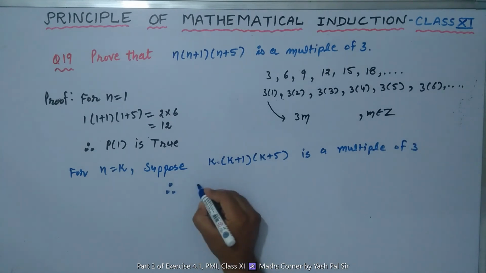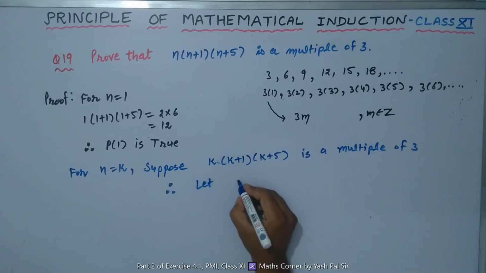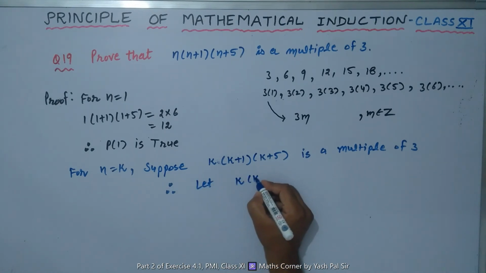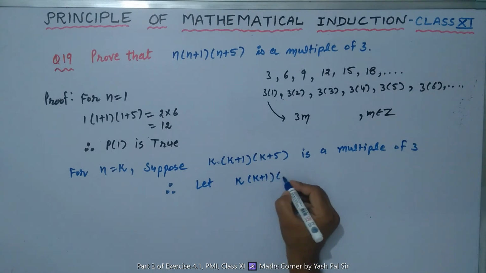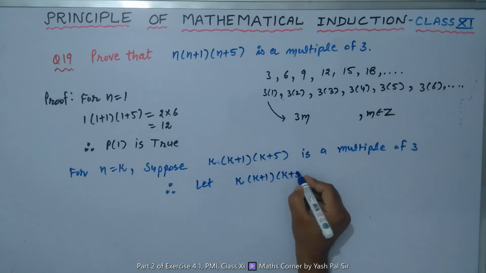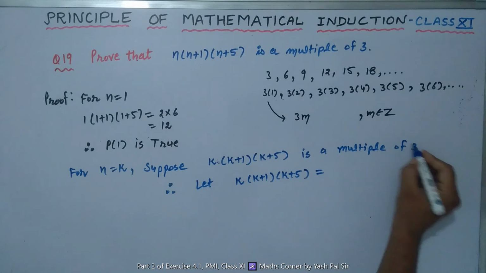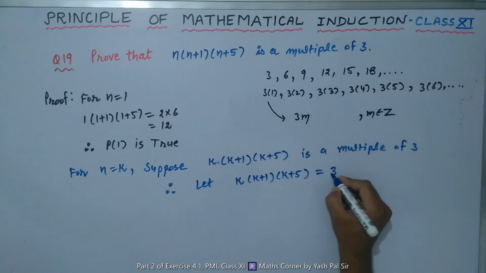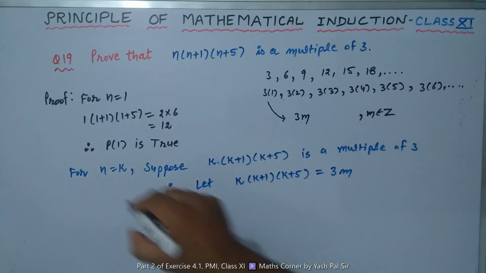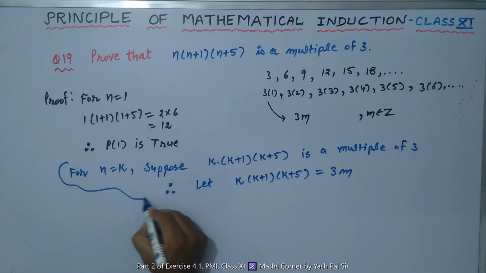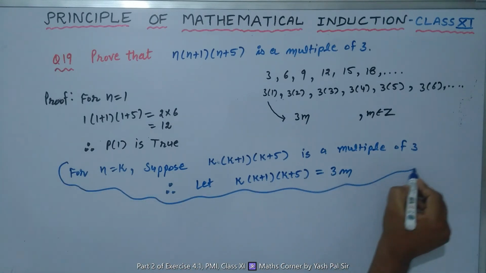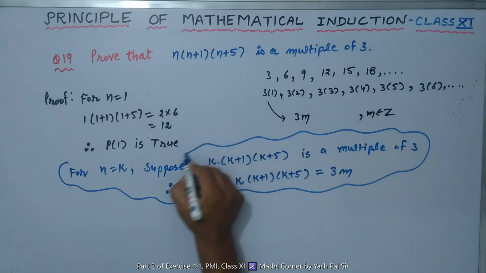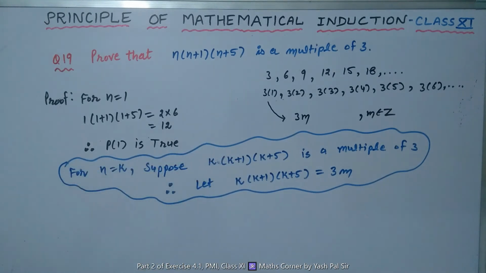So let us write k into k plus 1 into k plus 5 equal to 3 into m. So this is what we are supposing in the statement with n is equal to k. Now we shall prove that the given statement is also true for n is equal to k plus 1.